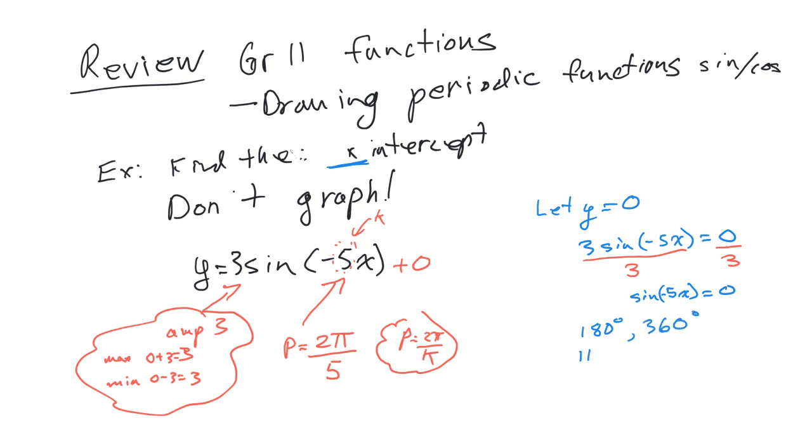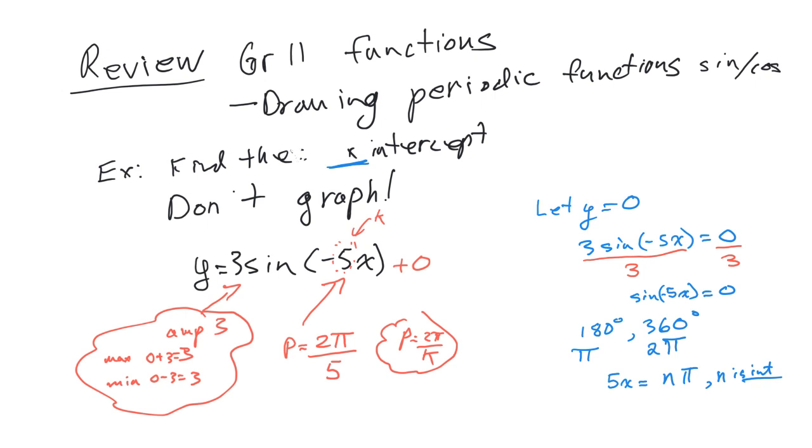But this is pi in radians, and this is 2 pi in radians. So you'll notice that it keeps going. So the key idea is, if that actually happens, then we're going to do this. 5x is equal to n pi, where n is an integer.